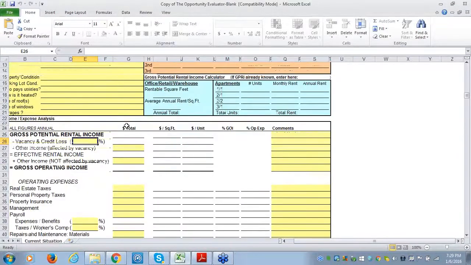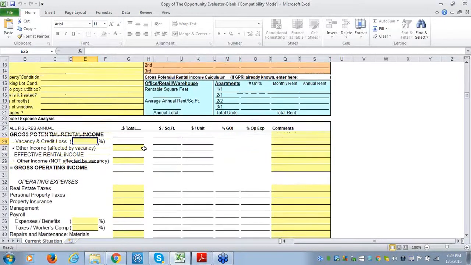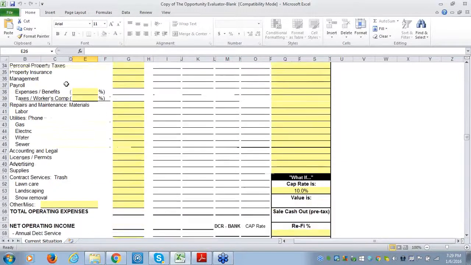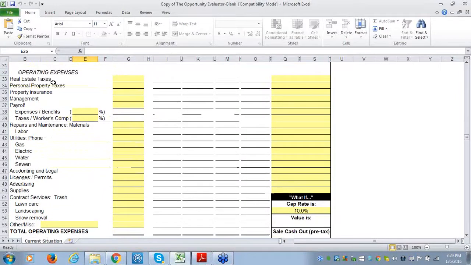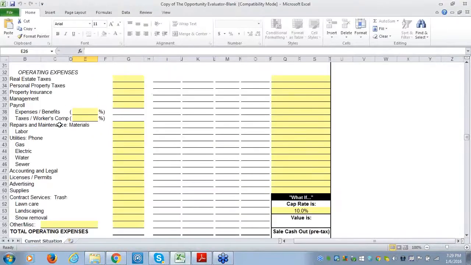In the Opportunity Evaluator, up here is where you calculate your debt service, your loan payments. But down here, Ray, look at all these expenses. Under operating expenses, you've got taxes, insurance, management. If you notice, management was not in this formula here. We didn't use it. But management in bigger buildings is an absolute necessity.